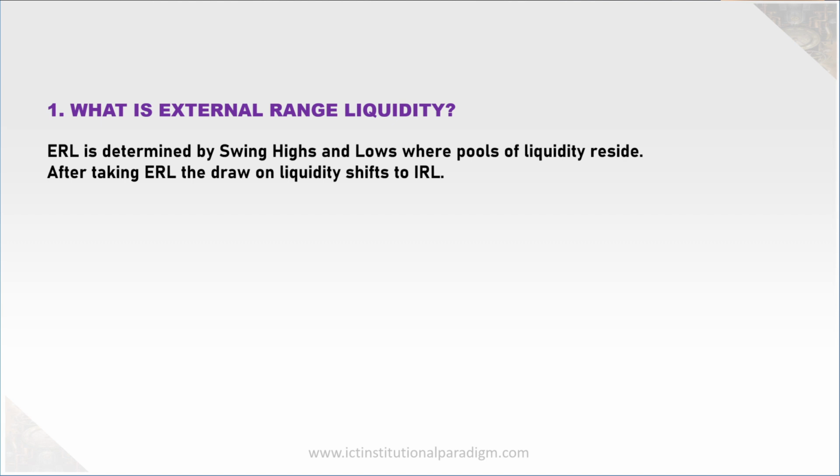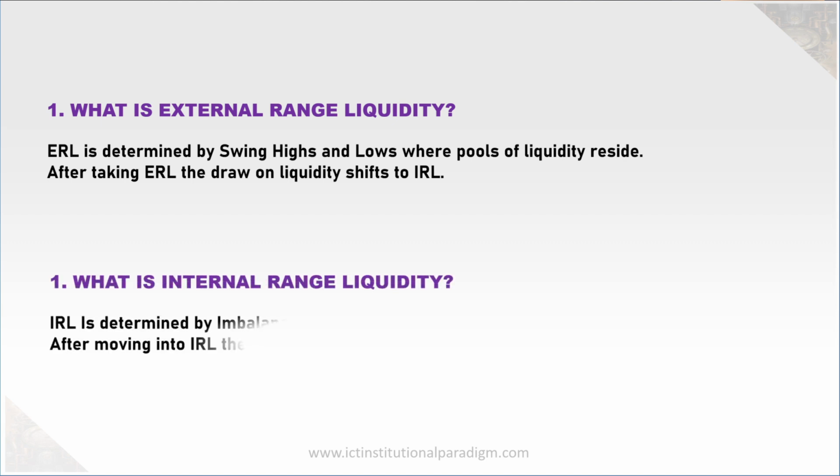External value liquidity is determined by swing highs and lows where pools of liquidity reside, right? After taking external value liquidity, the draw on liquidity shifts to internal value liquidity. Now, if we take out the highs, we simply go to fill up the internal value liquidity, which are fair value gaps or imbalances, whatever you call them.